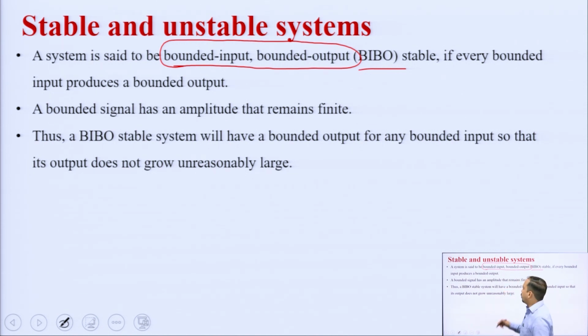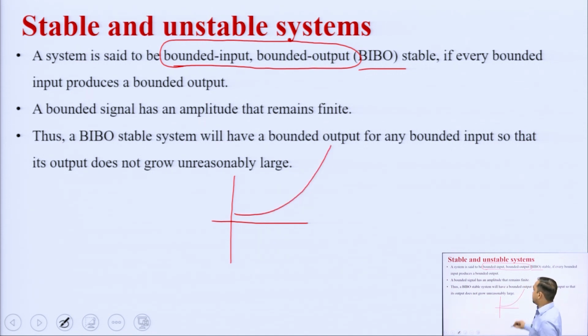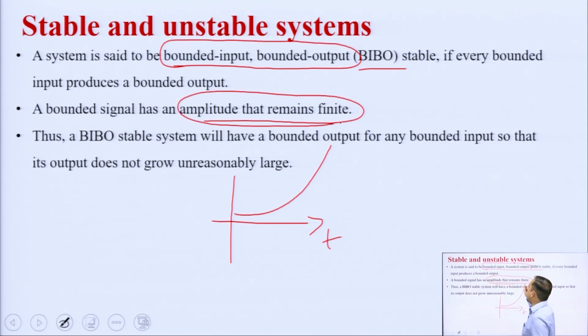And if it is not following this, let us say the output is going something like this, as t approaches infinity the signal is going in the upward direction, so this is basically the unstable type of signal. A bounded signal has an amplitude that remains finite, whereas in this the value is approaching infinity. So, this corresponds to the stable and unstable systems. These are the classifications of systems.